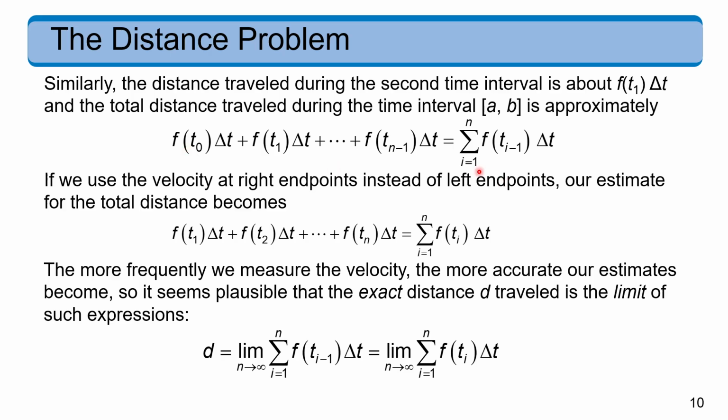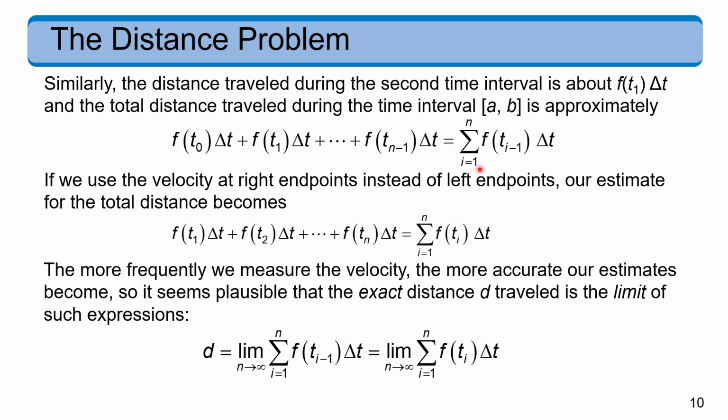And then on the second term, i would go up to 2. When you plug 2 in here, the subscript will be 1. So you get the t1. And then we go to the last value for i, which is n. And notice when you plug n right here, we get t sub n minus 1. And that corresponds to the last term. So you can check to see that the sigma notation actually does give you the correct expression.